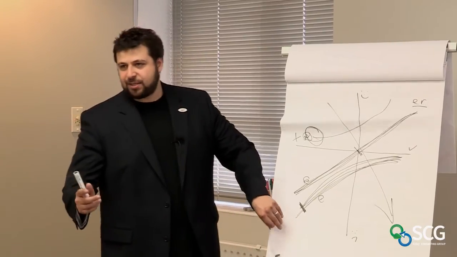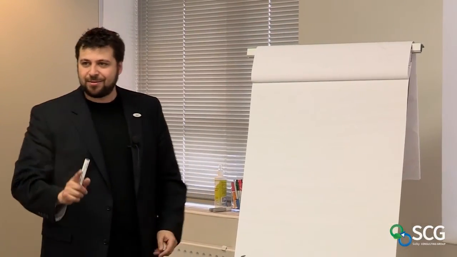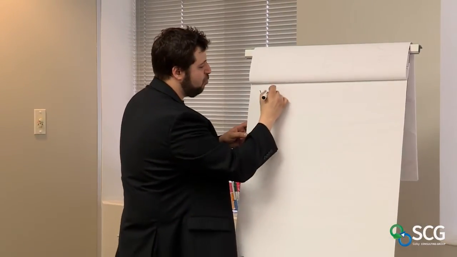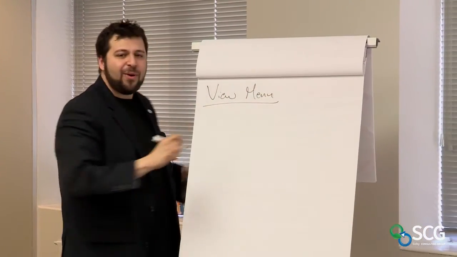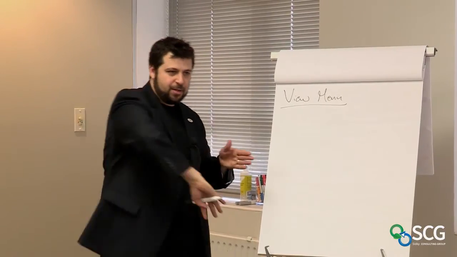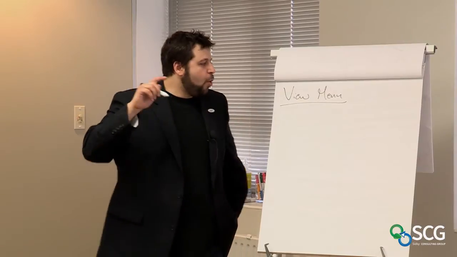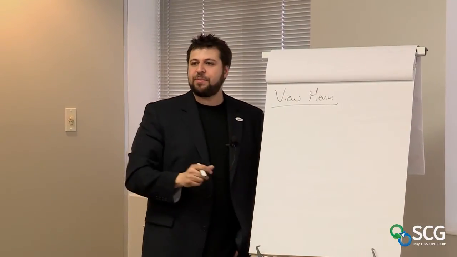Now, let's take some practical examples, all right, and how this relates back to slicing. That's the whole point. So in our example, we had view menu, right? So I want to slice view menu now. The first thing I need to think about is when you use those basic needs like a knife and say, what part of view menu must be there or else my customer will be pissed off?